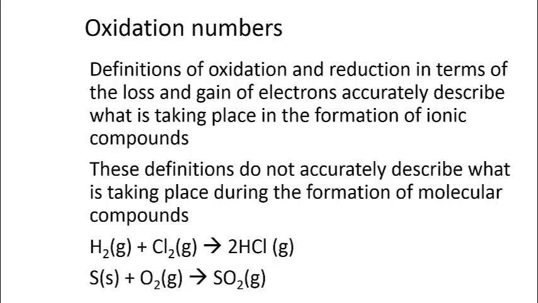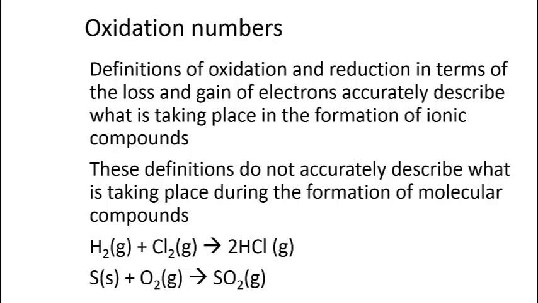However, these definitions do not accurately describe what is taking place during the formation of a molecular compound, such as hydrogen chloride or sulfur dioxide. Since HCl and SO2 are both molecular compounds, no electron transfer takes place during the formation of these compounds.